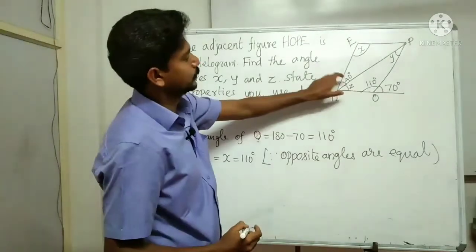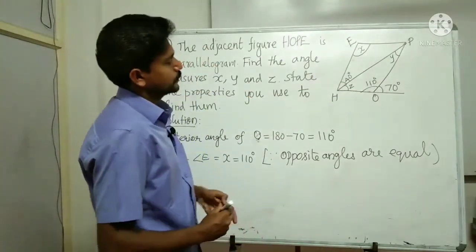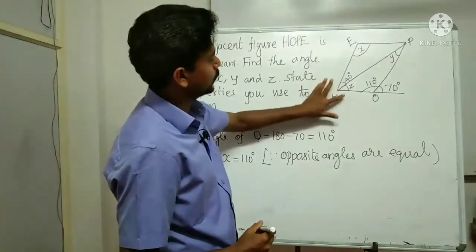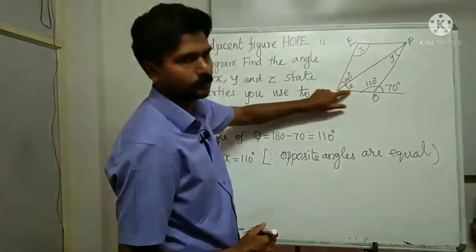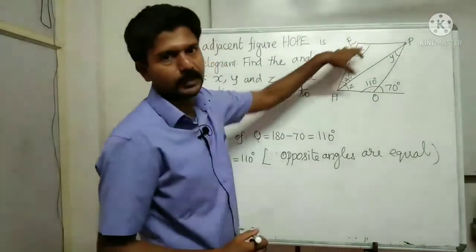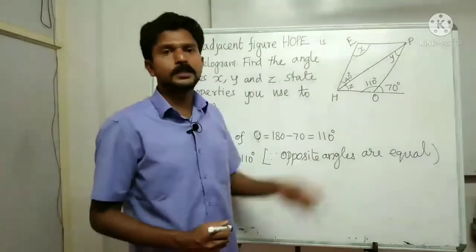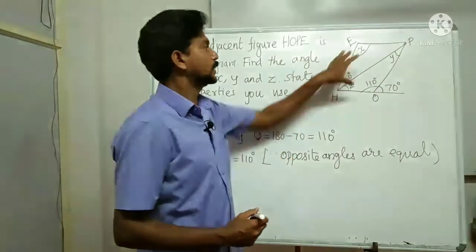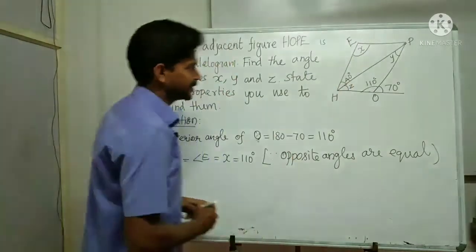How are we going to find this? We can take this angle H. Angle H is equal to 40 plus z. Angle H and angle E are both adjacent angles, and the sum of adjacent angles is equal to 180. Using that, we can find the z value.